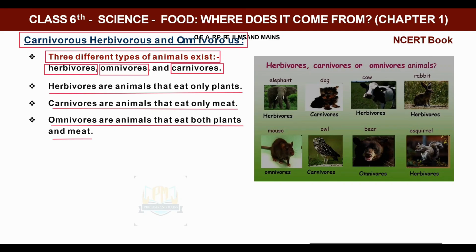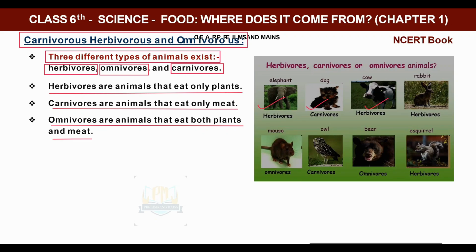Here you can see that the elephant is a herbivore; it eats grasses and some leaves. The dog is a carnivore, but these days pet dogs also eat other foods and become omnivores. Especially, nature has provided the dog to eat meat, so it is a carnivore.